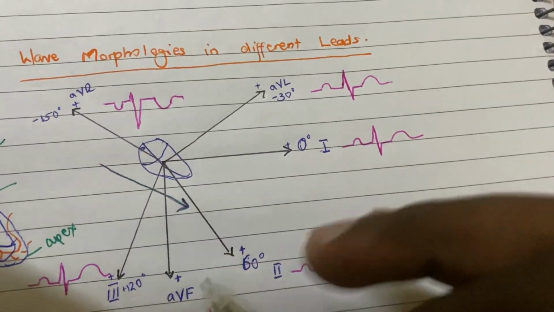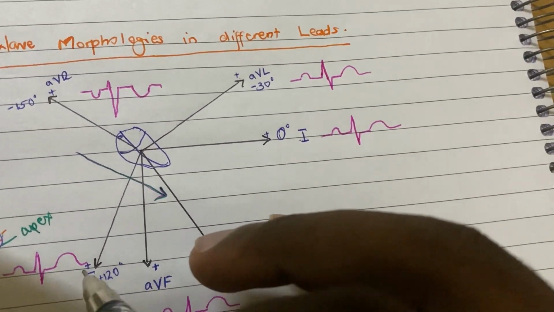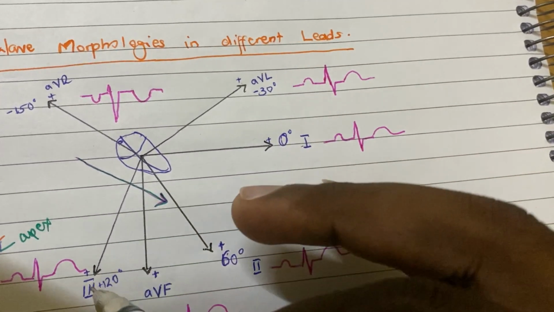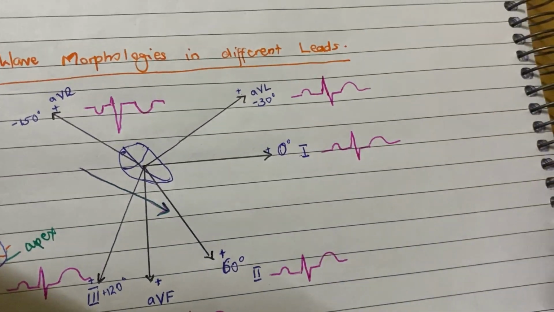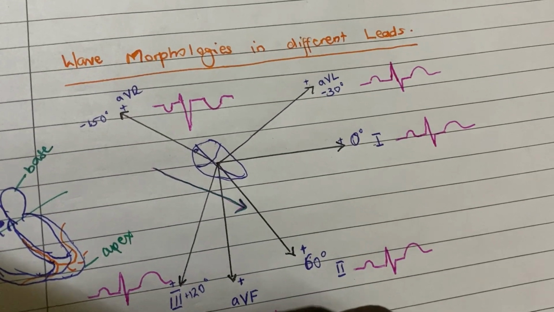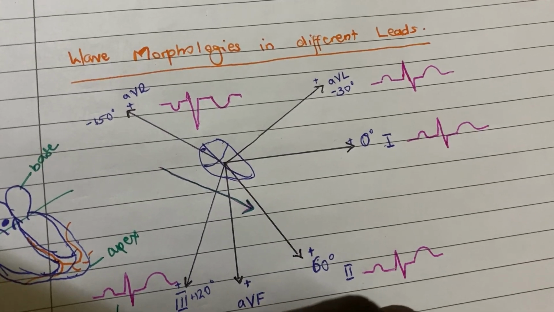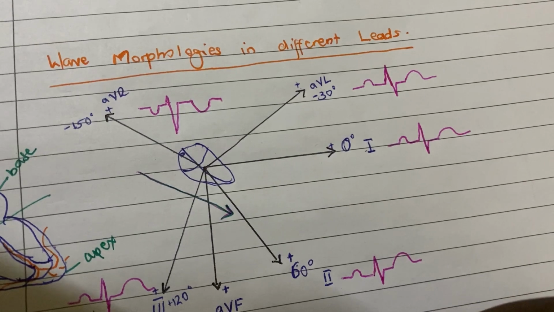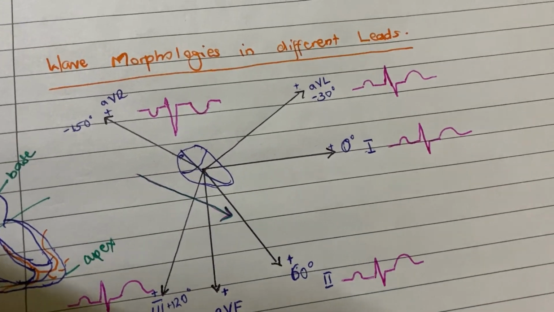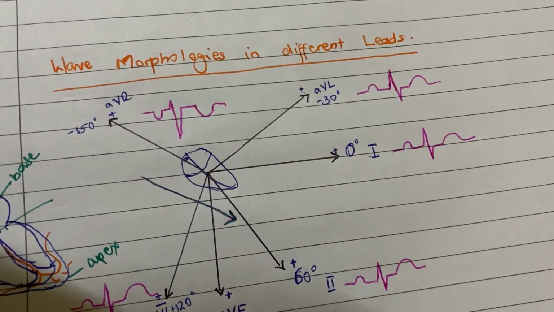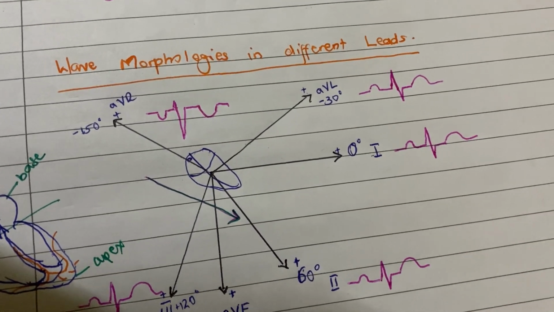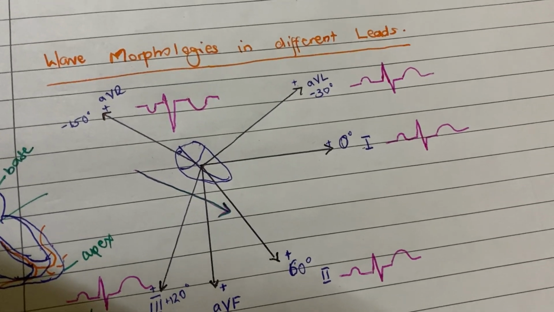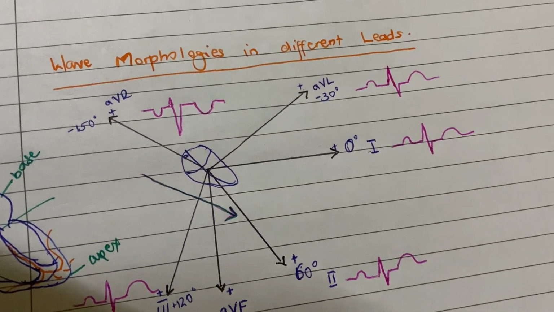Or if the highest positive is showing in lead 3, the net depolarization vector is going towards lead 3. For example, this one is like this, and then this one is like this, short. So it is going away from this one and going towards this one. The more it is going away from the lead, the shorter and more negative it becomes.